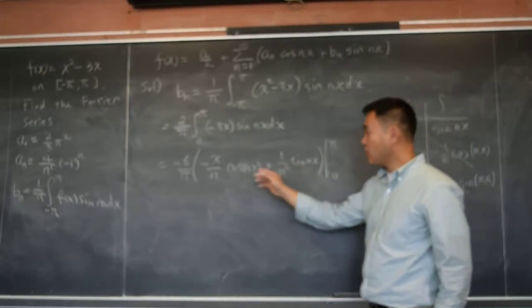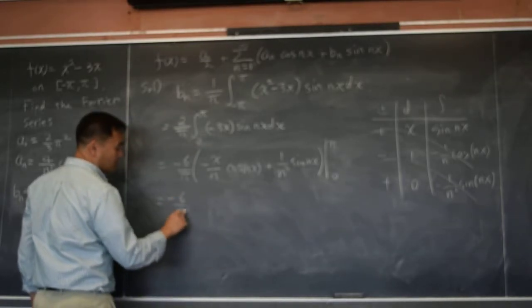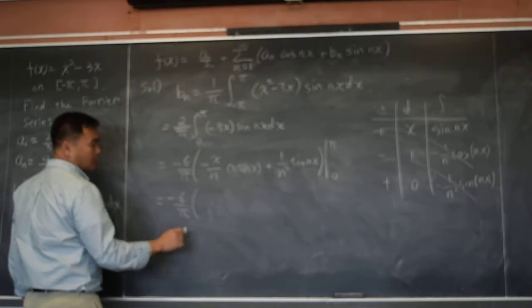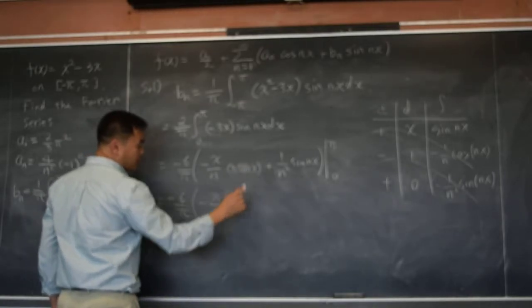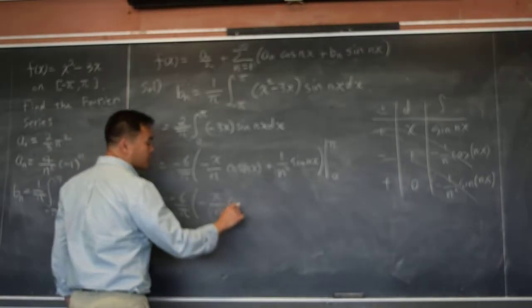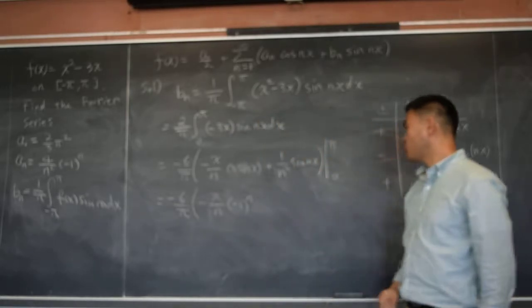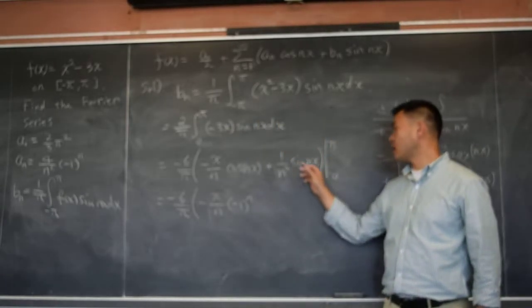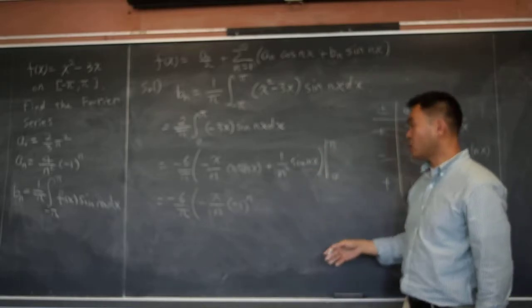Now plug in pi. What do you get? Negative pi over n. What's cosine n pi? Negative 1 to the nth power. Now when you plug in pi here, what would you get? Sine of n pi is 0, so that doesn't give us anything.